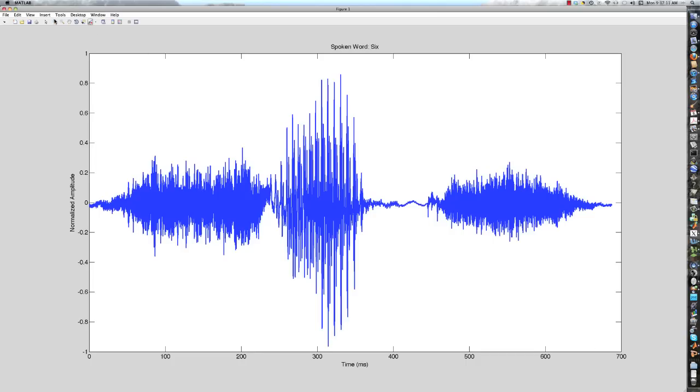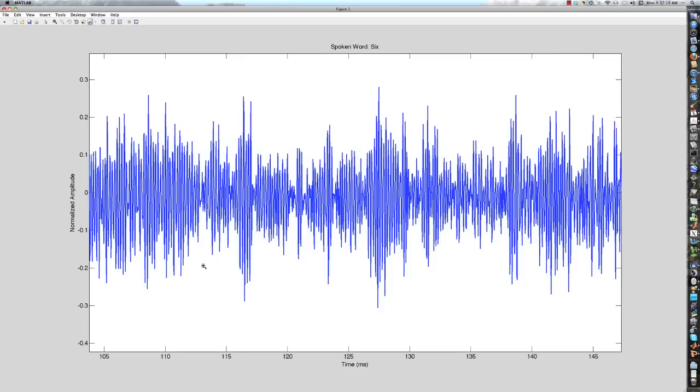And if we zoom in on some sections of these waveforms, let's zoom in on the S here. We see that it's got a lot of variation, but doesn't appear to be any obvious structure in this waveform.